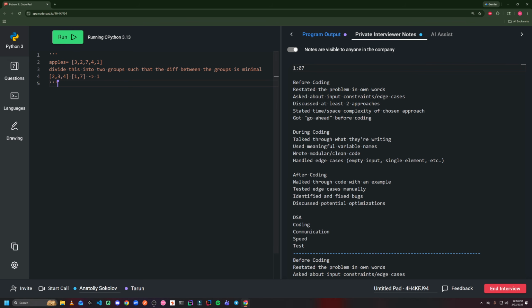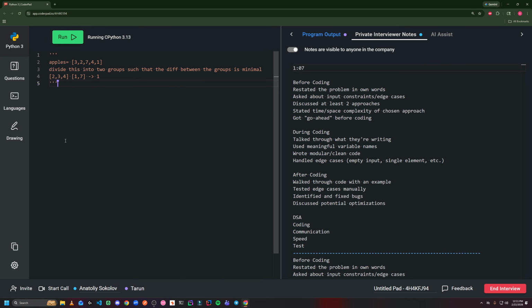Okay. So we need to return the integer, right? The minimum difference, yes. You don't need to have the groups, just return the minimum. Okay. And I need to split it only into two groups, or more than two groups? Two groups. Okay.